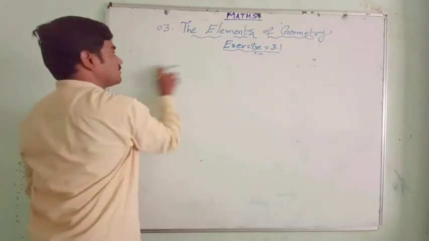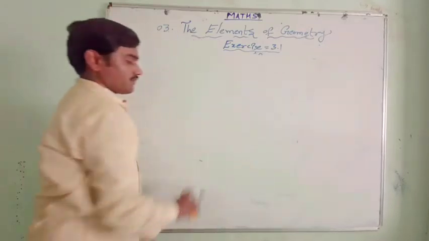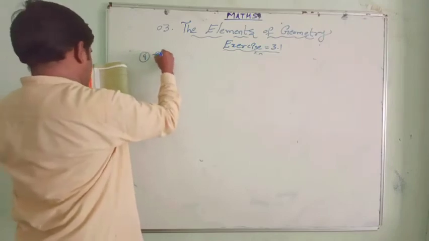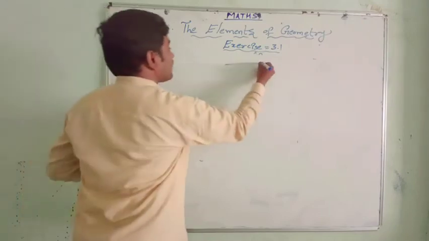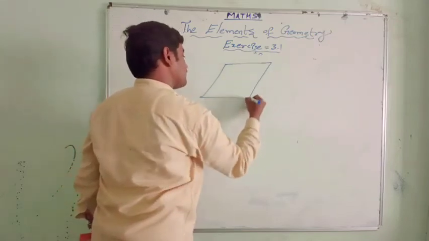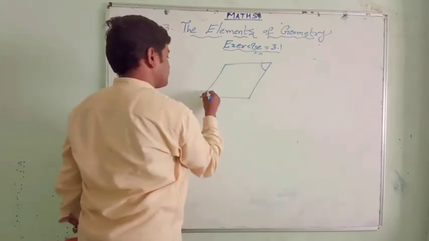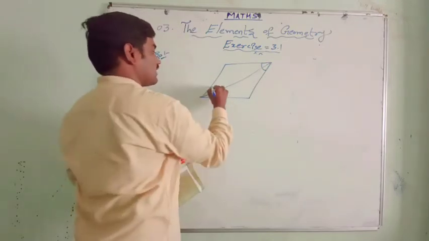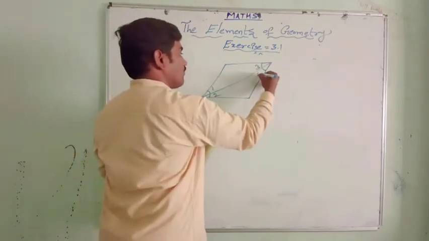Now question number 9. Here you are given a parallelogram. This is based on the Euclid axioms. Angles 1, 2, 3, 4.